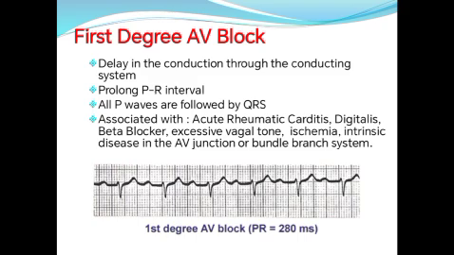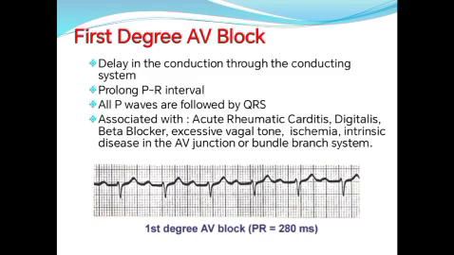The PR interval will be abnormally prolonged, more than 200 milliseconds or 0.2 second, and all P waves are followed by QRS. So the problem here is only prolongation of the PR interval.